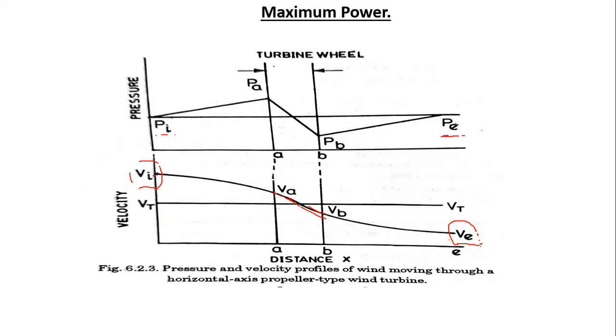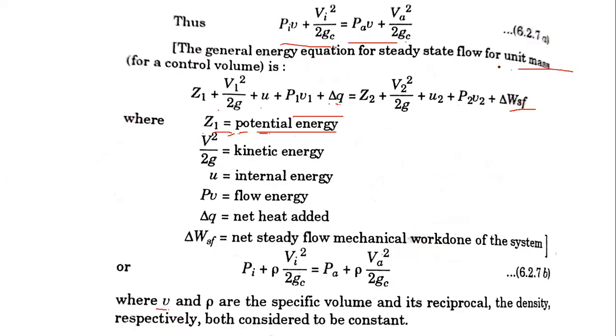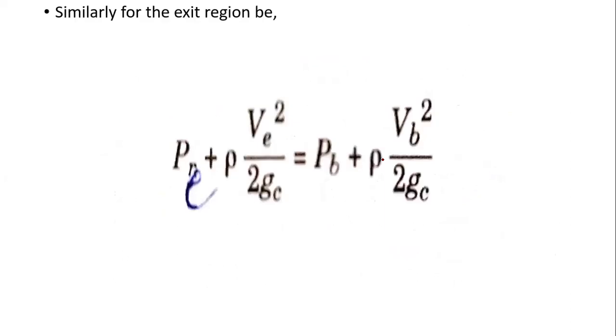In both cases, Vi will be gradually decreased to Va and Vb will be gradually decreased to Ve. Here Pi will be gradually increased to Pa and Pb will be gradually increased to Pe. Here we can observe the increasing nature in pressures and the decreasing nature in velocities. So if you combine both the equations, 6.2.7 and 6.2.8, this is the 6.2.8 equation.